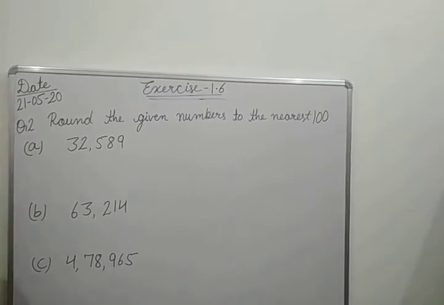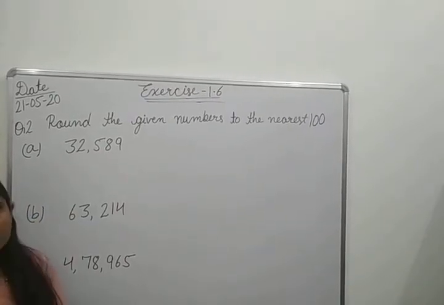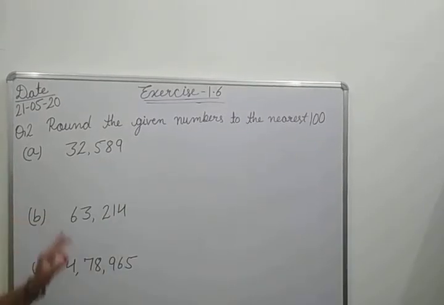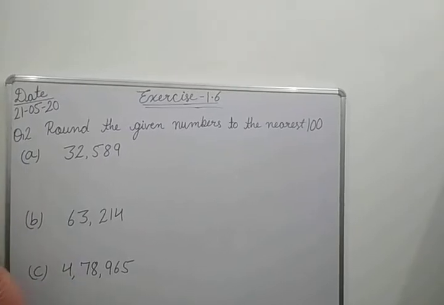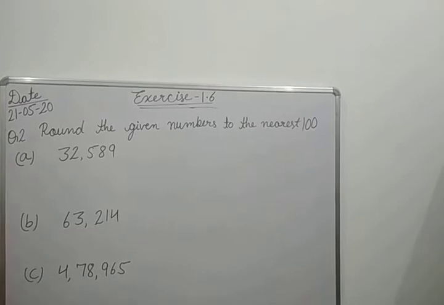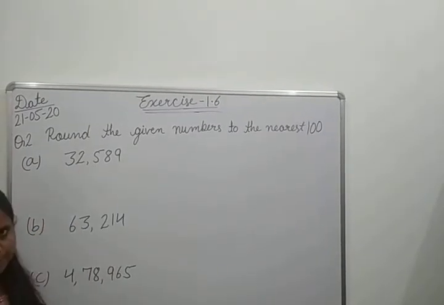Okay? If our tens digit is greater than 5 or equal to 5, then what we do? Replace the tens and ones digit by 0 and the hundreds digit we will increase by 1.